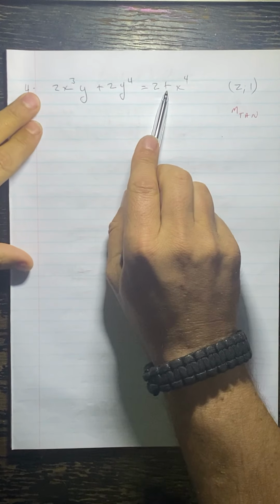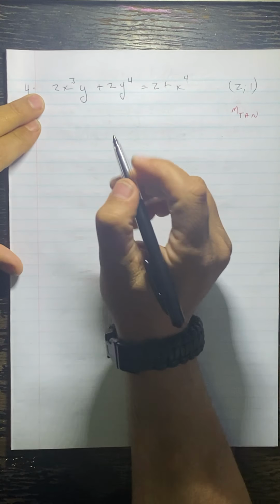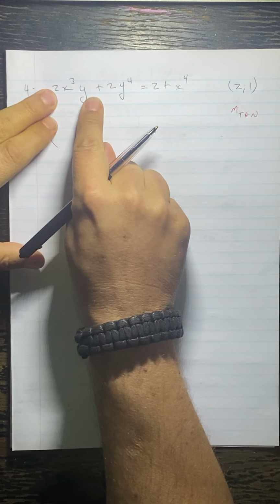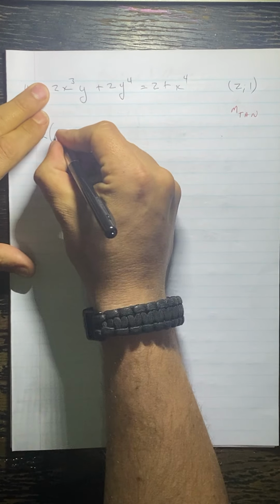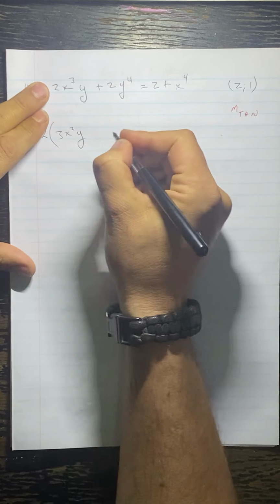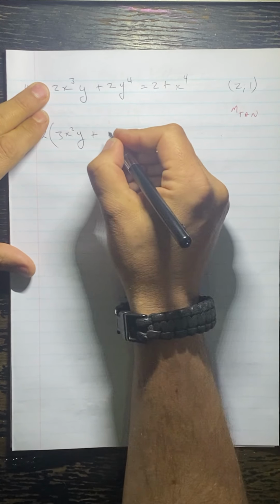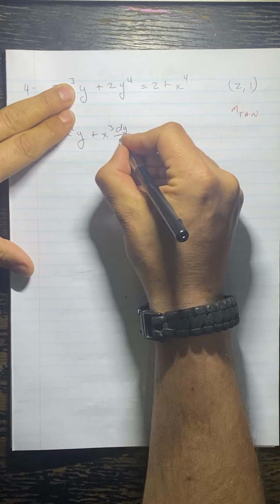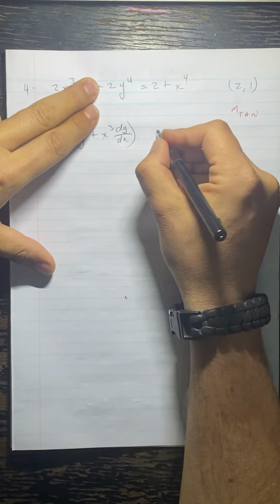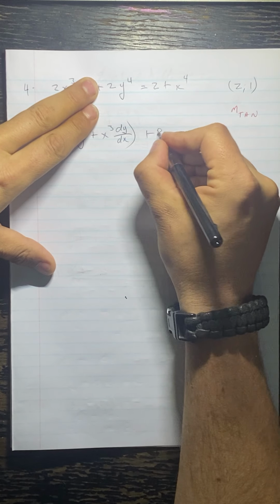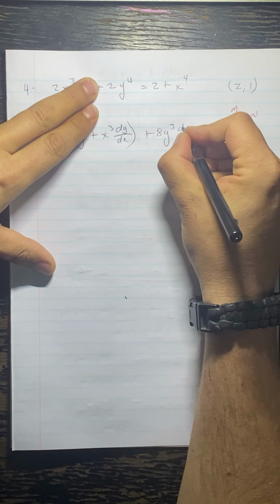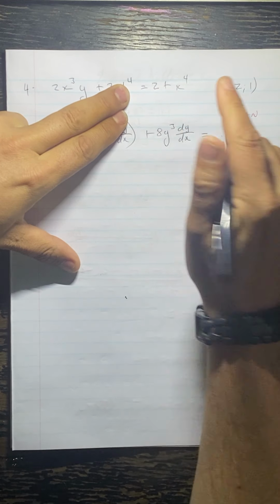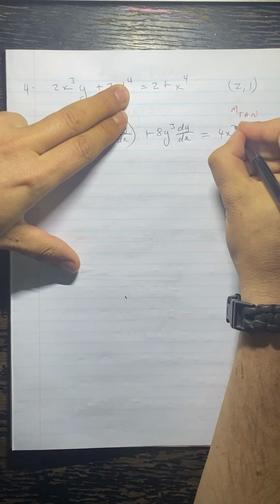So let's differentiate this. So I'm just going to leave the 2 outside, and now I'm going to differentiate these 2 here. So this gives us 3x squared y plus x cubed dy dx, then plus 8y cubed dy dx is equal to, that gives us 0, and here we get 4x cubed.